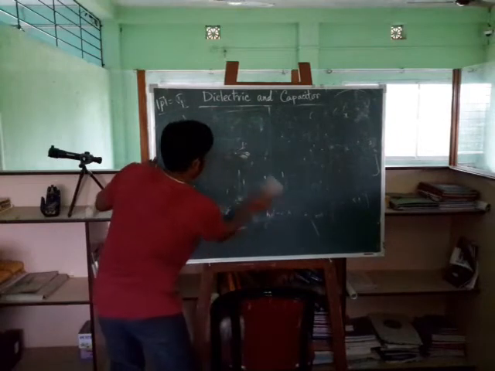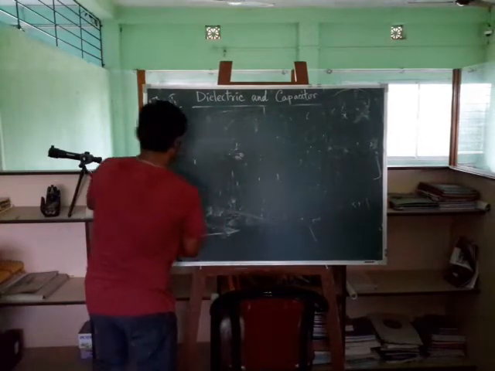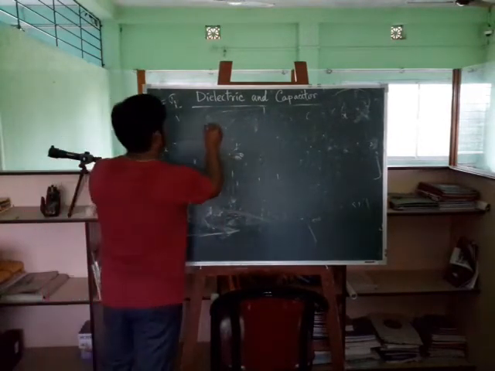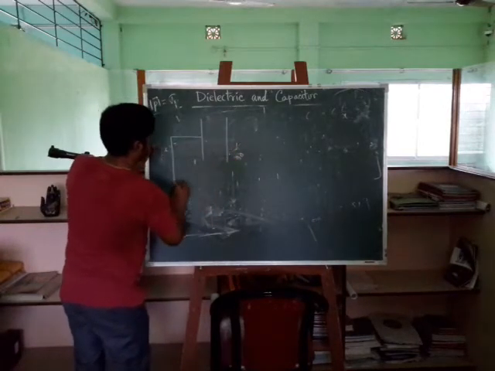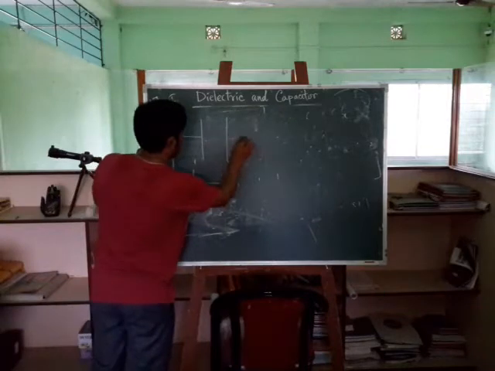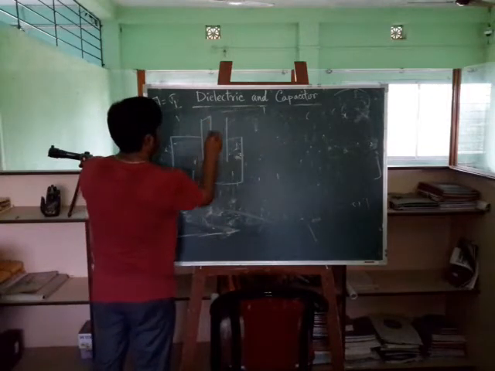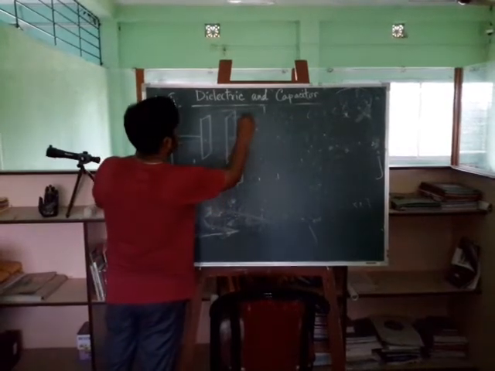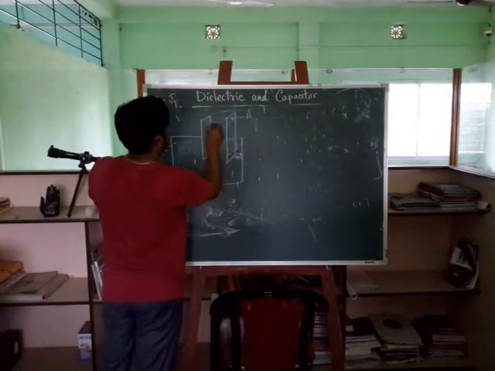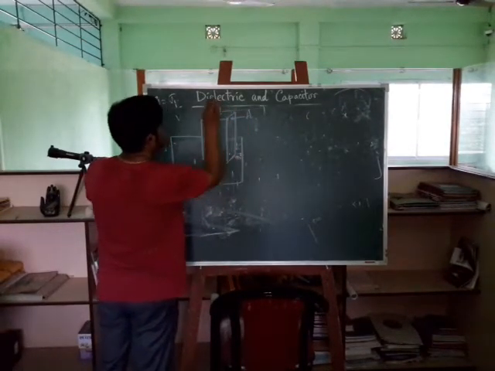So this is our parallel plate capacitor connected to a battery. That is the plate. Area is again A, and the separation is again d.